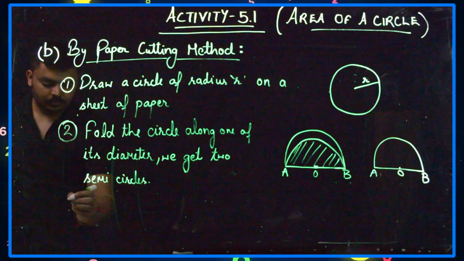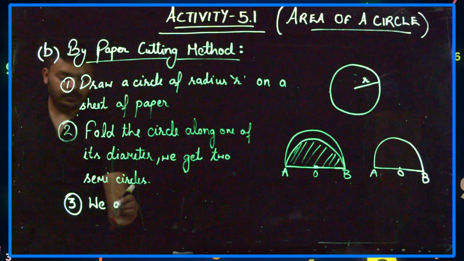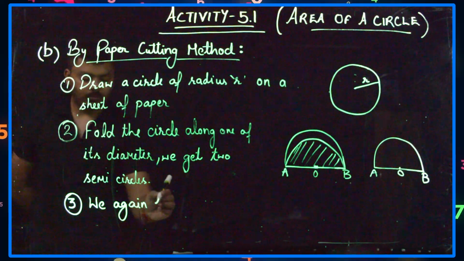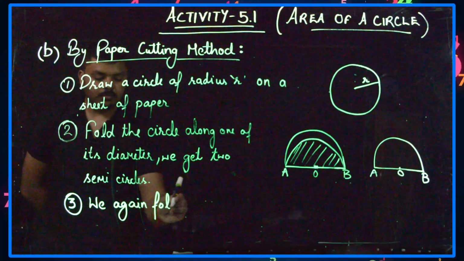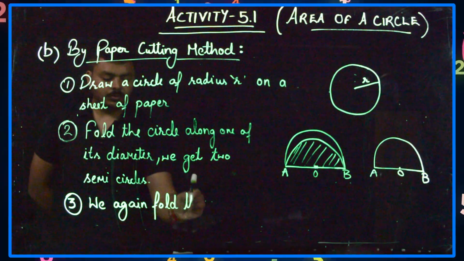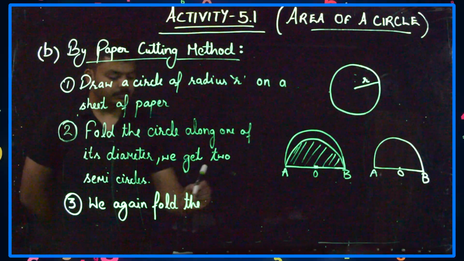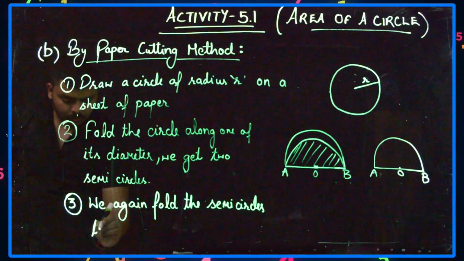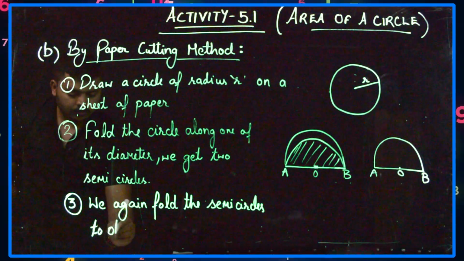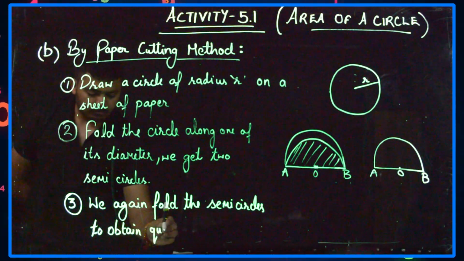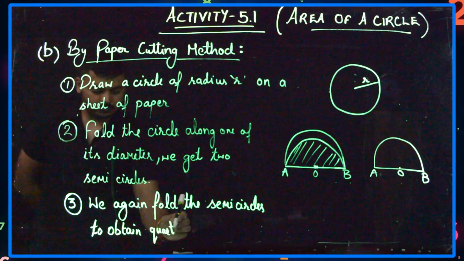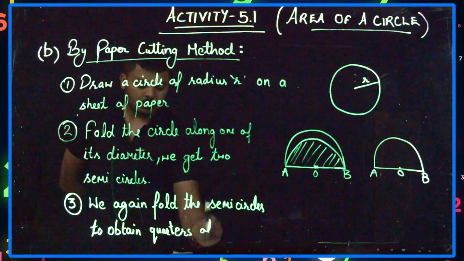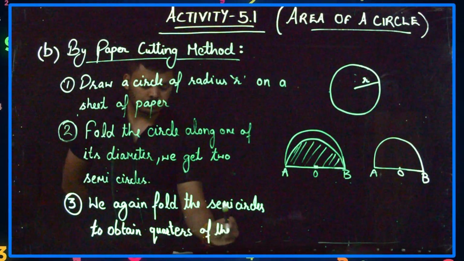Step 3. We again fold the semicircles to obtain quarters of the circle.